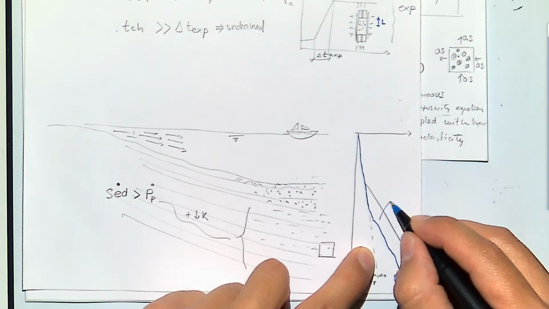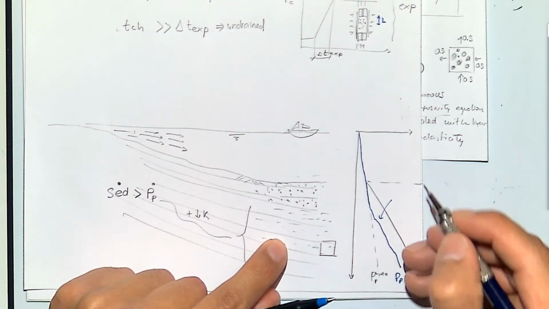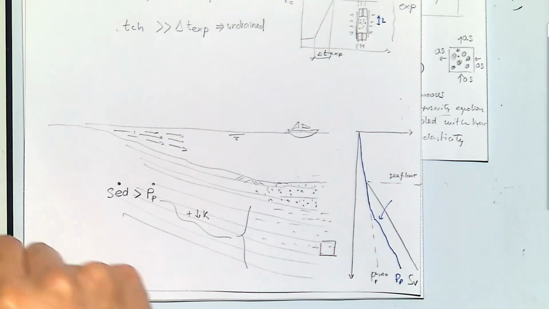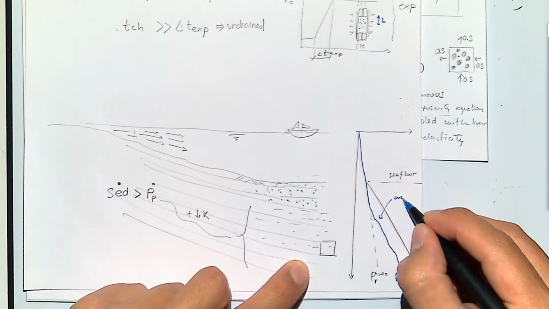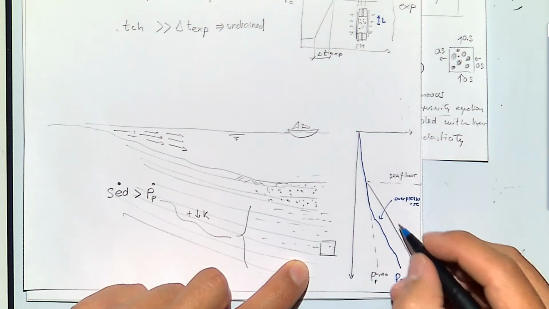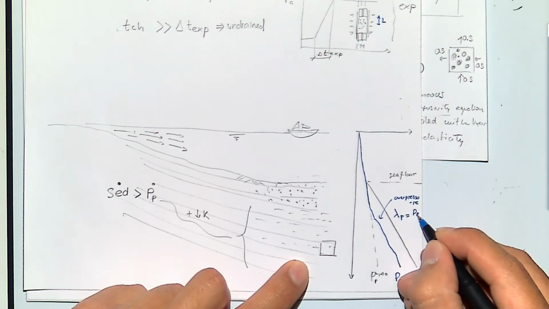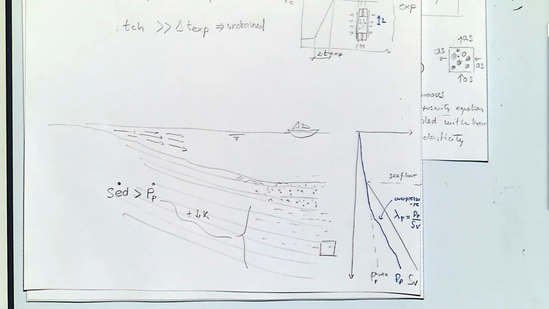And let me complete this. So this is the sea floor. And this overpressure is quantified by this parameter lambda p, which is just the ratio of pore pressure divided by vertical stress.